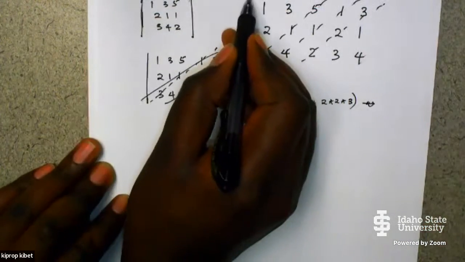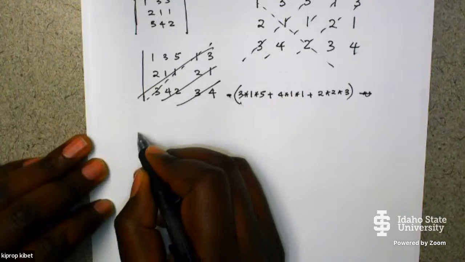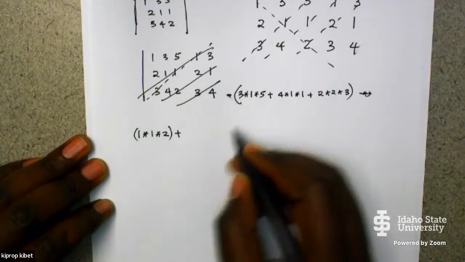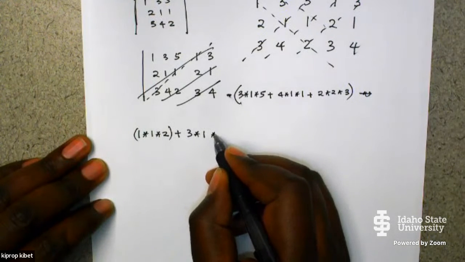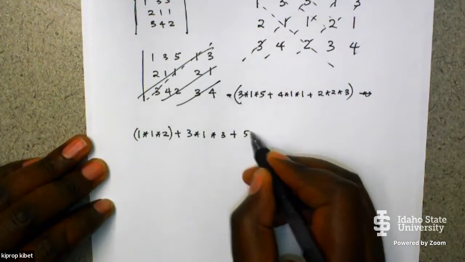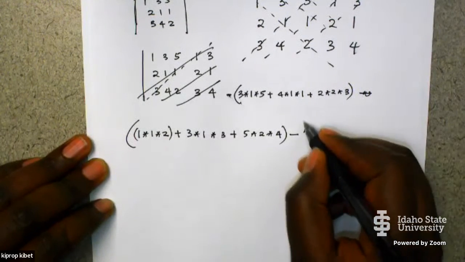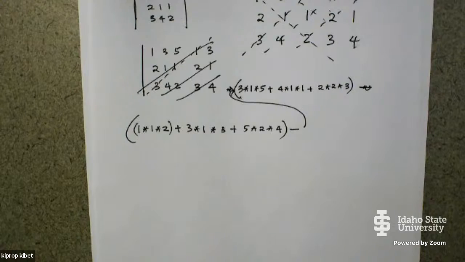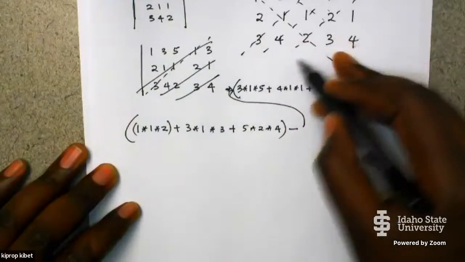So the first one, you start from the top, which is 1 multiplied by 1 multiplied by 2, plus the next one here is 3 multiplied by 1 multiplied by 3, and then plus 5 multiplied by 2 multiplied by 4, minus this.